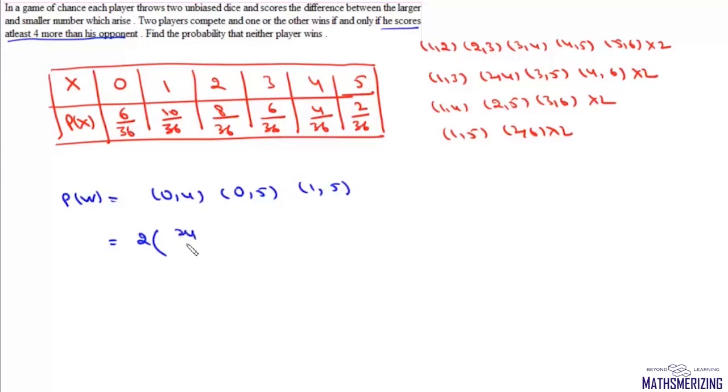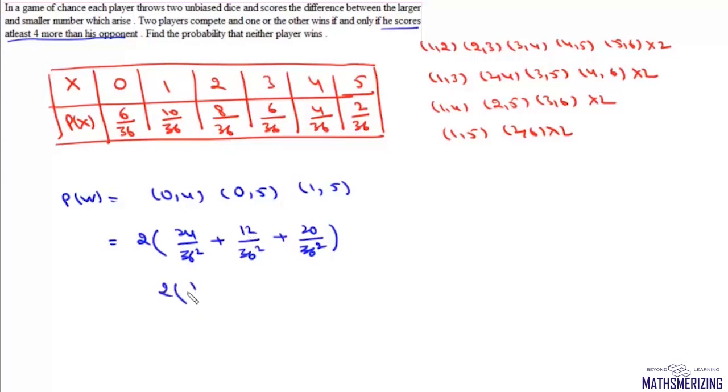So it will be 24 by 36 square plus 0, 5, which will be 12 by 36 square, and plus 1, 5, which will be 20 by 36 square. Now 24 plus 12 is 36. 36 square upon 36 is 1 by 36.